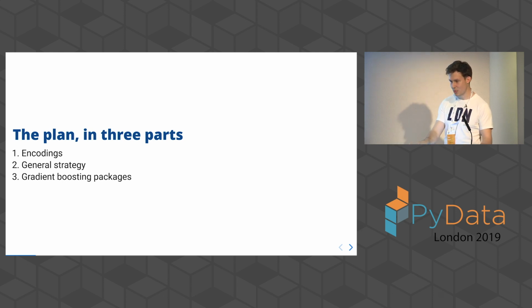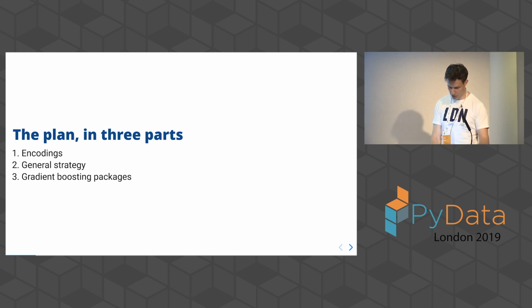XGBoost, LightGBM, and CatBoost are far and away the most popular gradient boosted decision tree packages and are super common, real world, Kaggle, everywhere, and they deal with categorical variables in very different ways. In some ways, that's one of the key differences between them, so it would be interesting to dive into that just a little bit more.